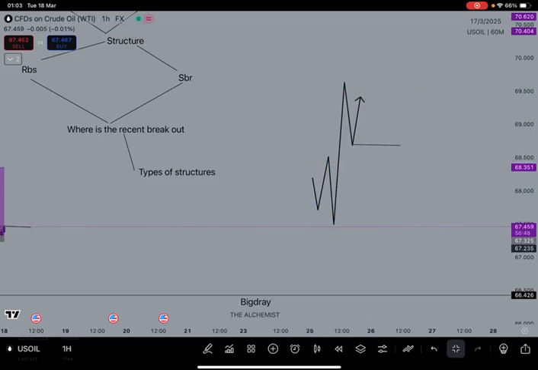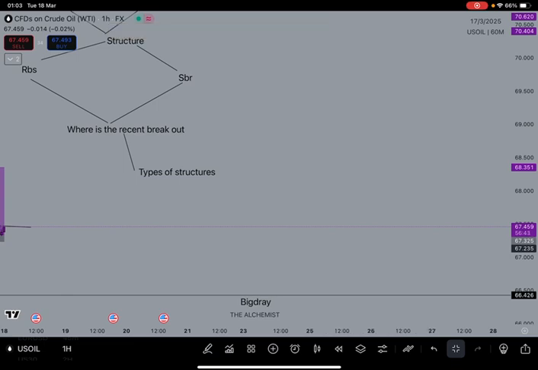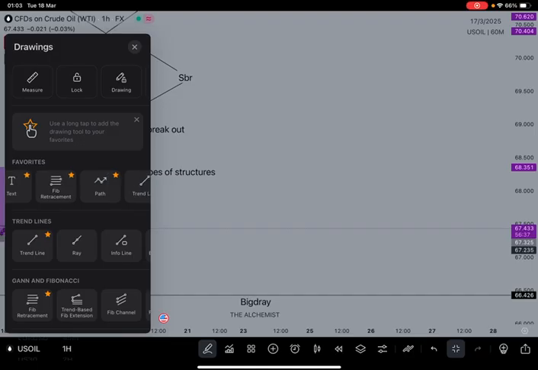I will draw almost all these things on ground, or you can screenshot it and keep it on your phone. Then we have this.